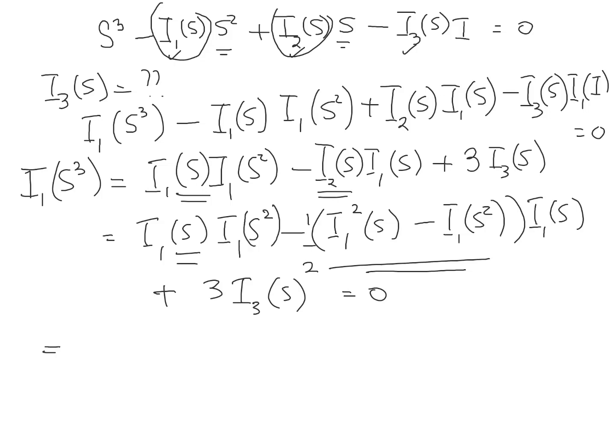So if we open that up, we'll have I1 of S squared. Open up this bracket. I think the first thing that we need to do in this case is to multiply throughout by 2 so that we don't have that half there.